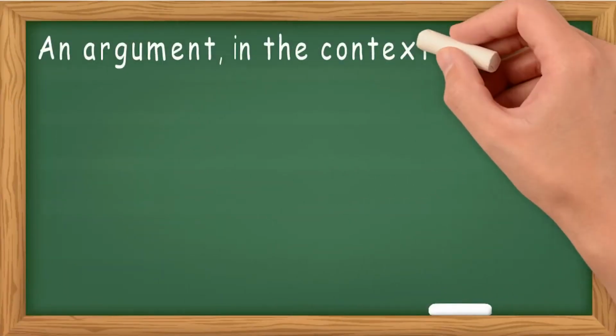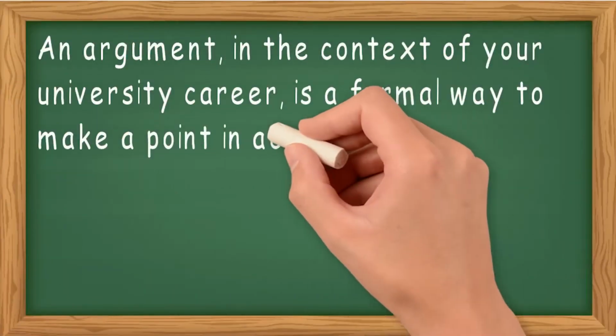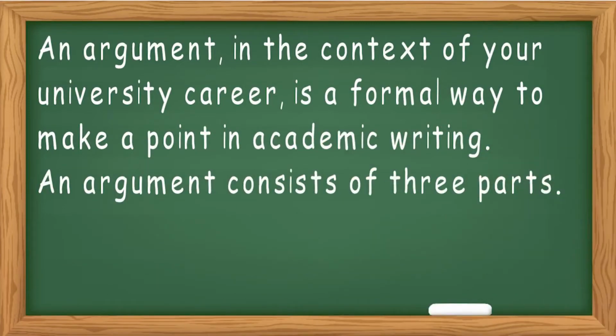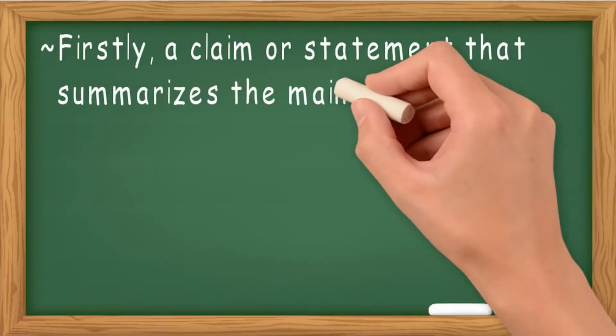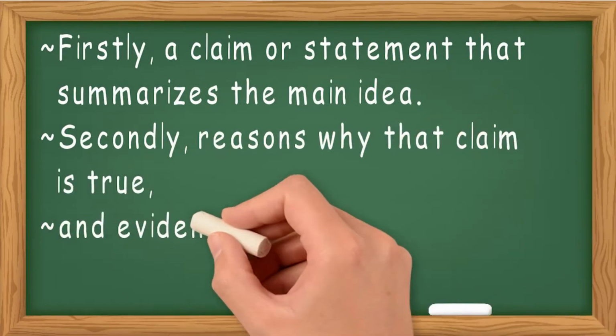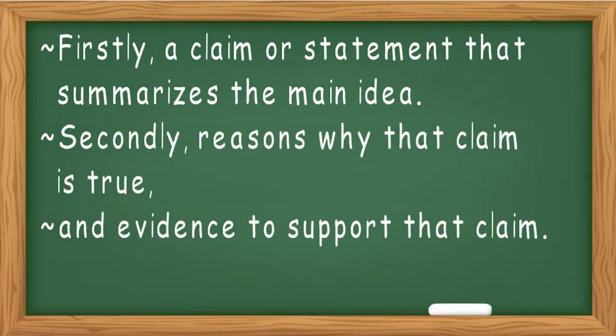An argument is a formal way to make a point in academic writing. An argument consists of three parts. Firstly, a claim or statement that summarizes the main idea. Secondly, reasons why that claim is true, and evidence to support that claim.